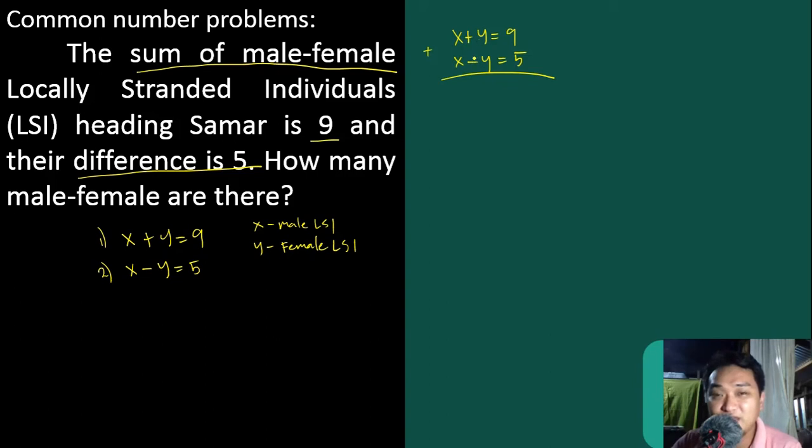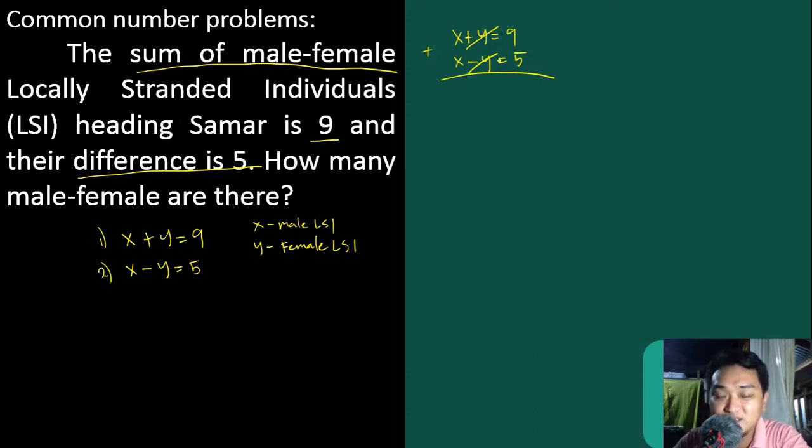So here, if we add these two linear equations or these two systems, automatic makakancel po yung y. Kasi yun naman din yung objective ng elimination. Kailangan may makancel tayong isang variable. So we have here y minus y or y plus negative y, that is 0. So no need to write 0 here.